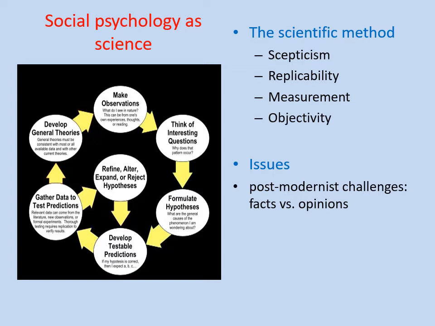These ideas generally go under the name of postmodernism or deconstructionism or critical theory, a whole variety of social science ideas which fundamentally argue that facts are not available and that all we are dealing with is opinions, and therefore objective science is simply not possible. So let's say a few words about this postmodernism ideology.